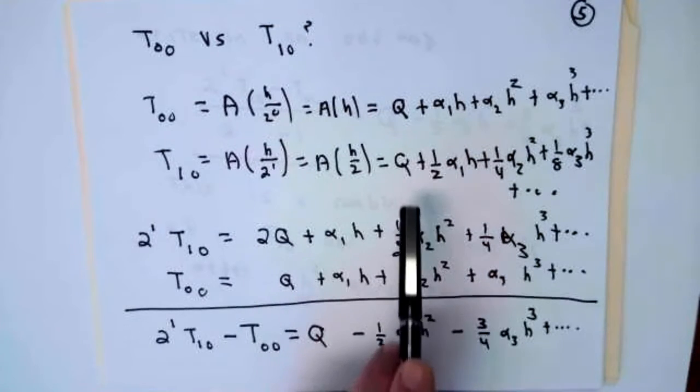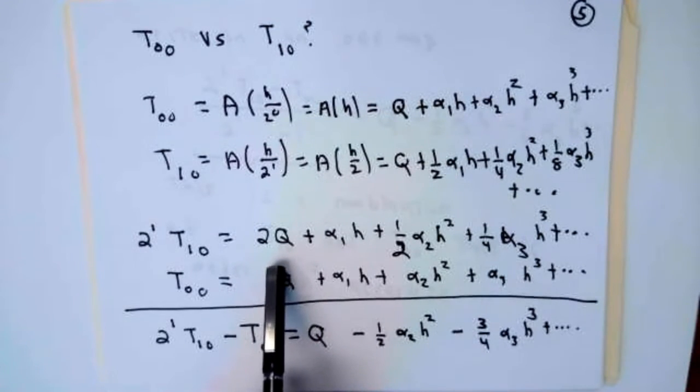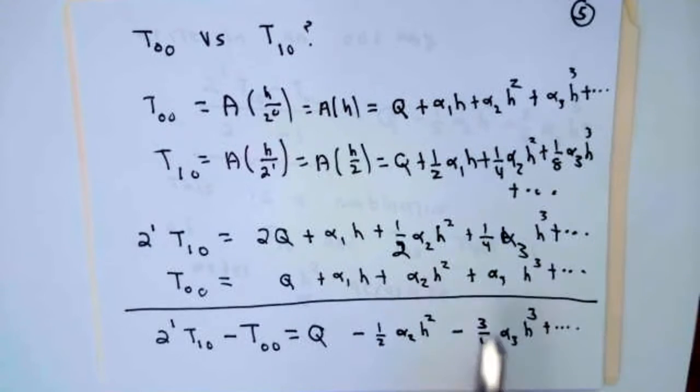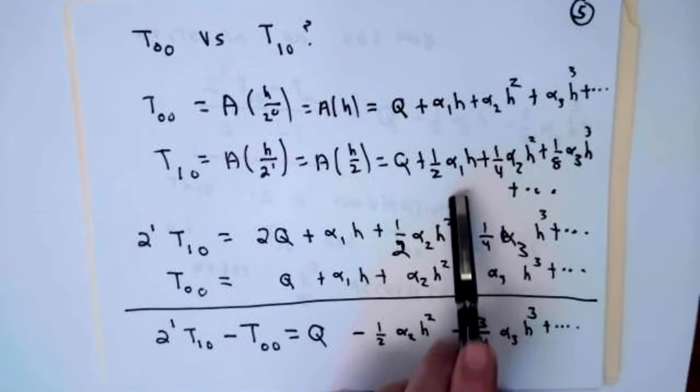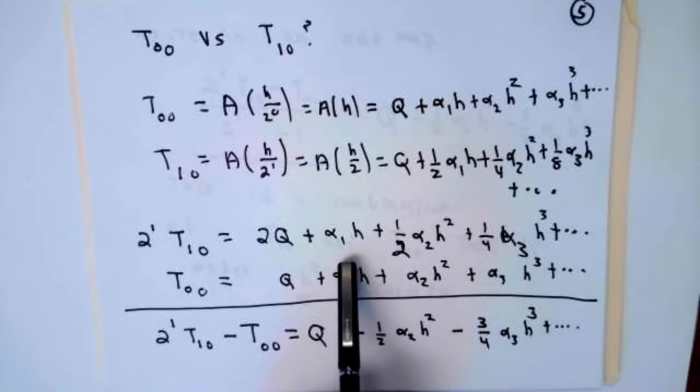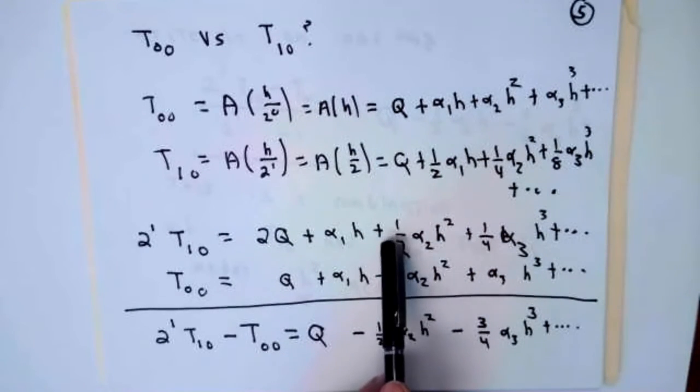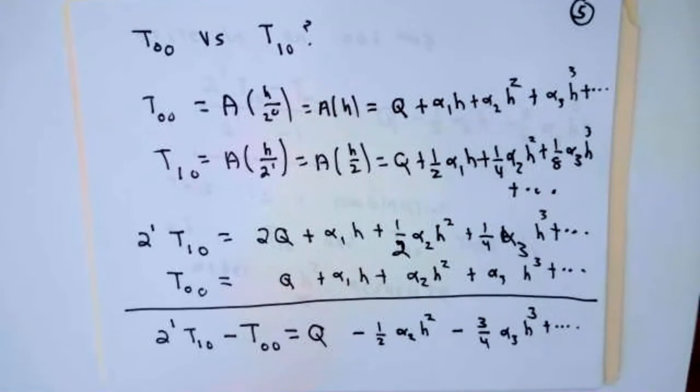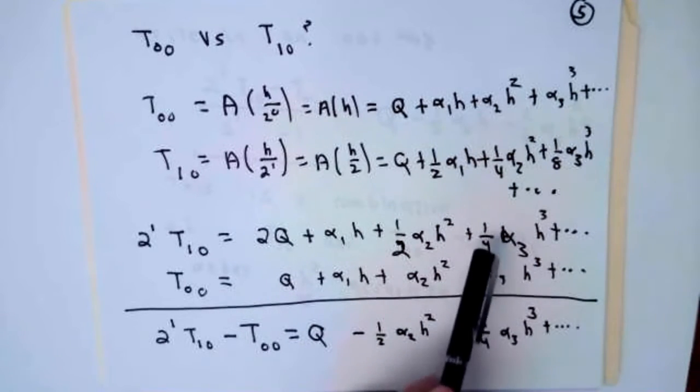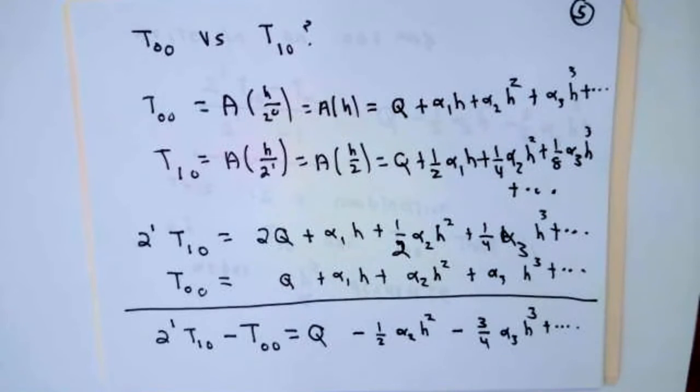That would then be 2 times this quantity, 2Q, plus 2 times 1/2 times alpha 1 times h. That would be alpha 1 times h. 2 times 1/4 times alpha 2 h squared would be 1/2 alpha 2 h squared. 2 times 1/8 is 1/4, and so on and so forth. The T00 quantity is Q plus alpha 1 h plus alpha 2 h squared, and so on.